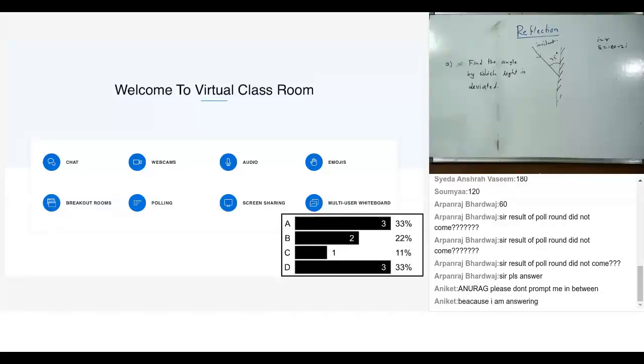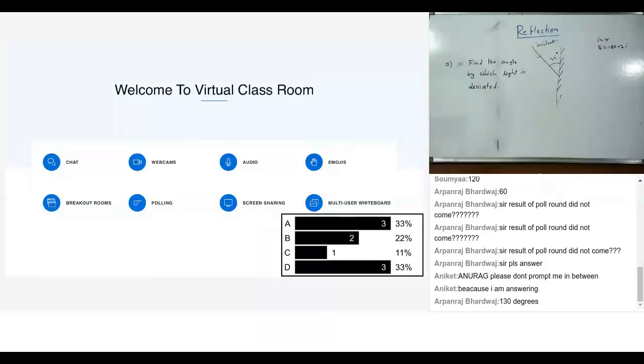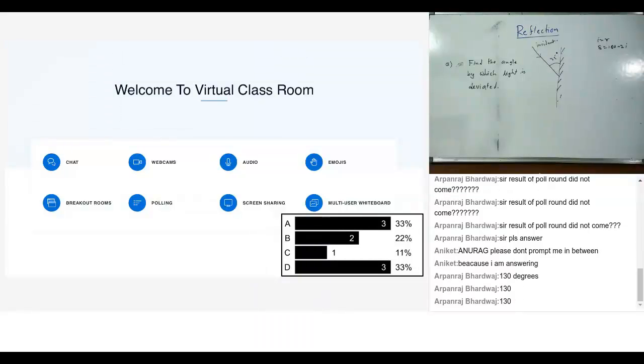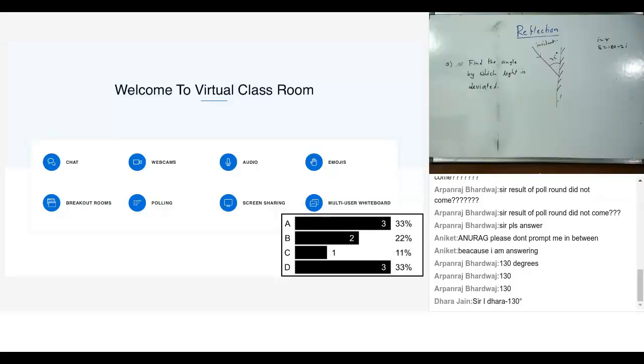Sir, 50 degrees. Sir, 130 degrees. Arpan, 130. Please type it so that I can read it, because otherwise when you're shouting, I'm not understanding who is speaking. Please type it, all of you. Sir, I have typed.